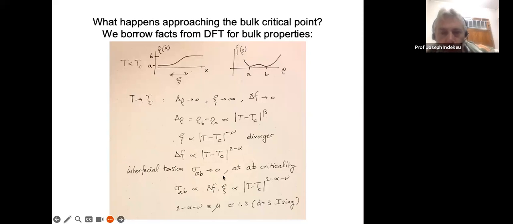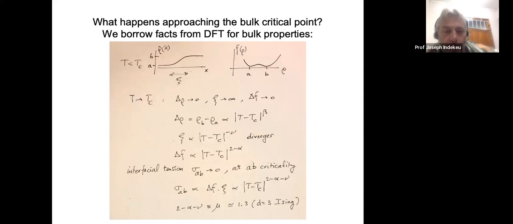And now if you compose the critical exponent for the interfacial tension, you see that it is made up of two contributions. One is the 2 minus alpha, and the other one is the minus nu. And so the interfacial tension critical exponent, mu, is this linear combination of these critical exponents that pertain to the bulk quantities, if we believe this scaling hypothesis, which describes how the interfacial tension should behave near criticality.